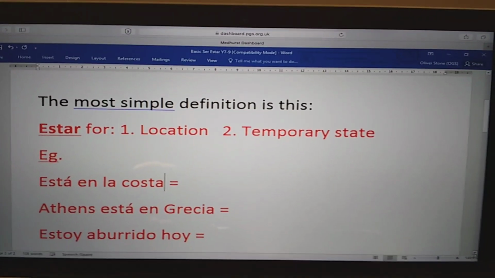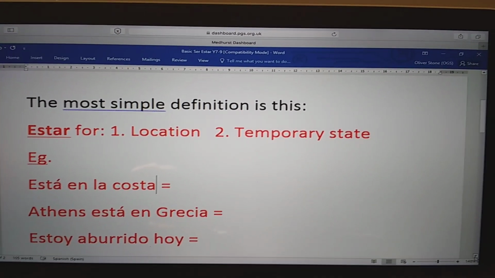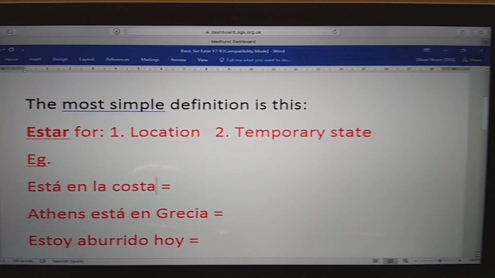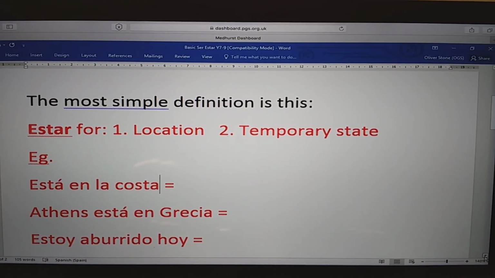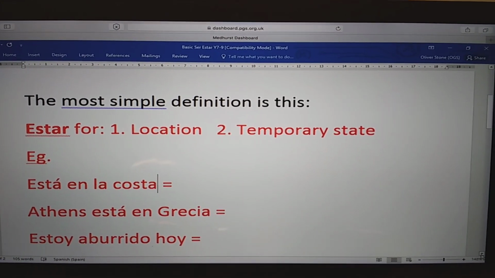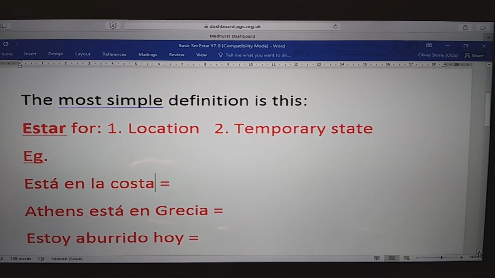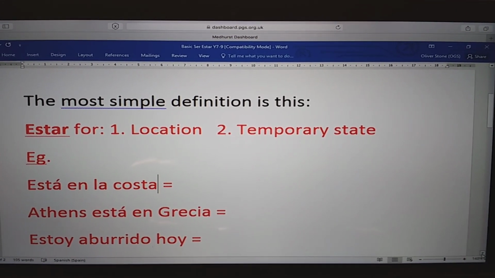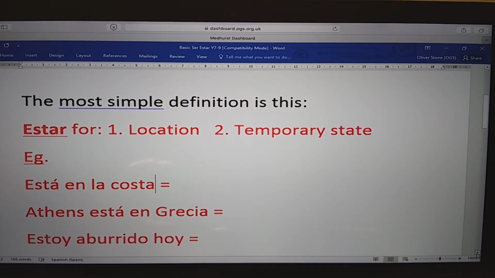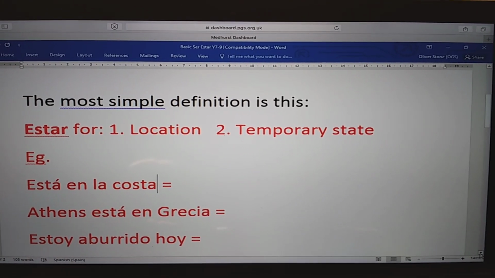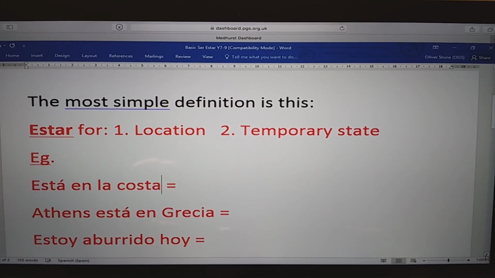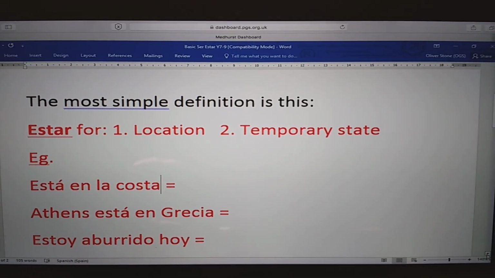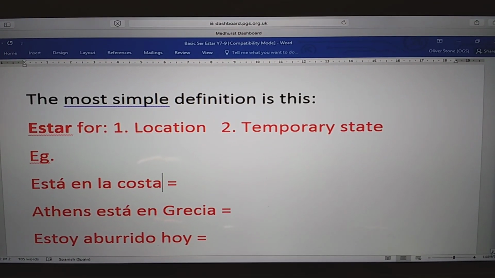Okay, you with me so far? I hope so. Notice we're going to change colour here, guys. This is really important to make it clear in your notes. Okay, so estar should be in 1 colour. So just concluding, estar is for location, anything to do with location, where something is or people are, okay, or for temporary state. So that could be things like feelings and stuff like that.